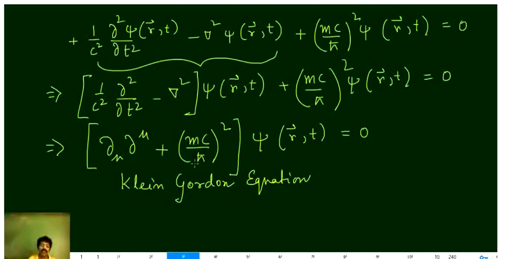So this is a relativistic equation. This is the Klein Gordon equation.